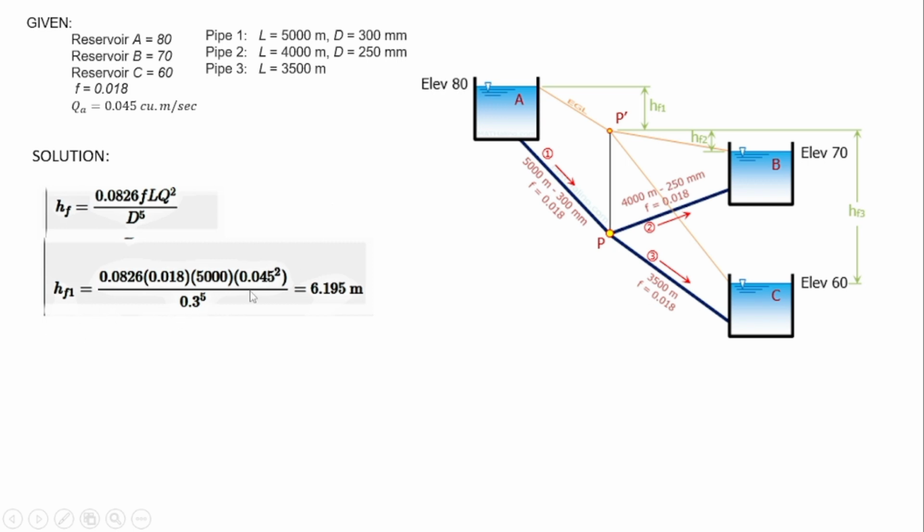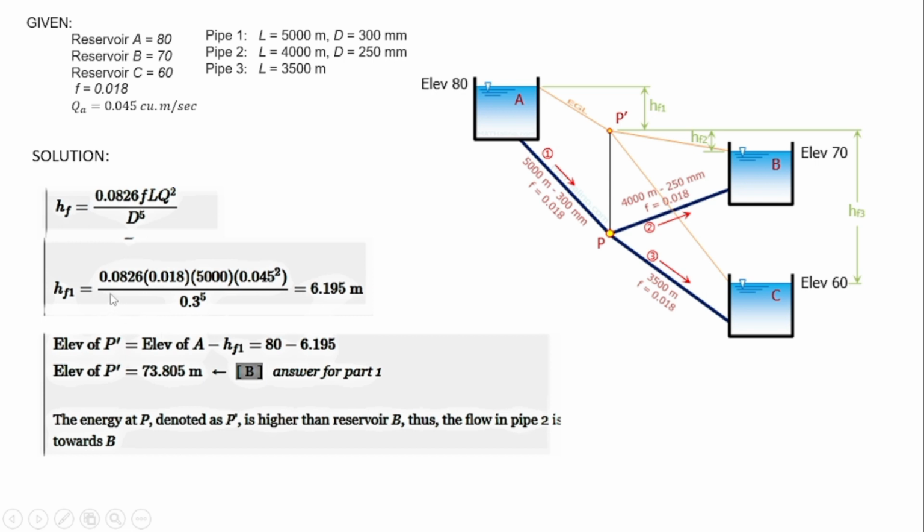Since we are given the discharge A, we can now compute head loss 1: 0.0826 times friction factor 0.018 times 5,000 times the discharge 0.045 squared, all over the diameter, 300 mm or 0.3 meters, raised to 5. Therefore, the major head loss 1 is equal to 6.195 meters.